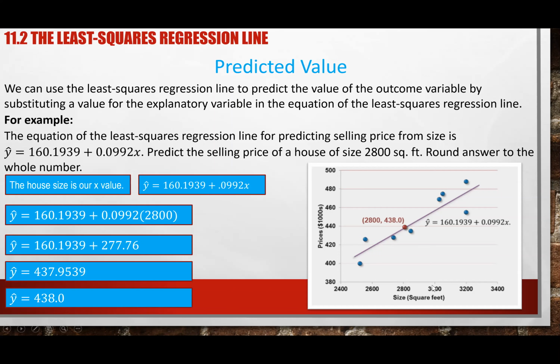Same thing if they say we have 3,000 square feet, what will be the predicted price? We go up here, and the predicted price will probably be 457 or 458,000, because it's not 460, so it's below.